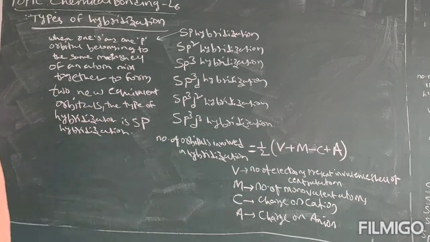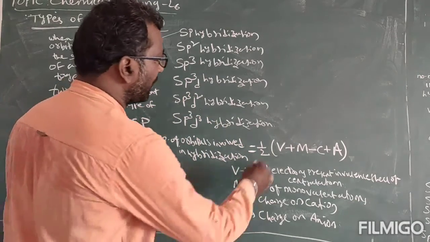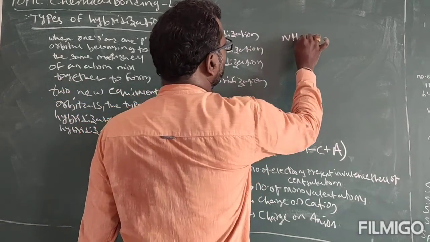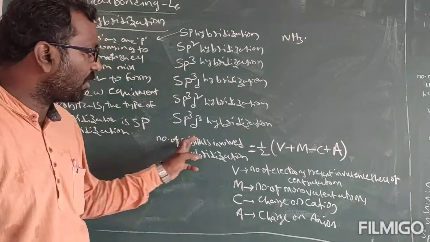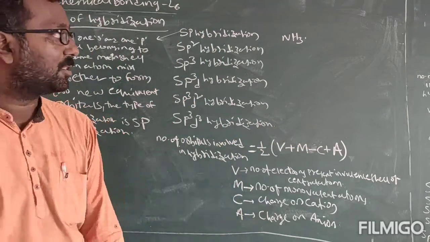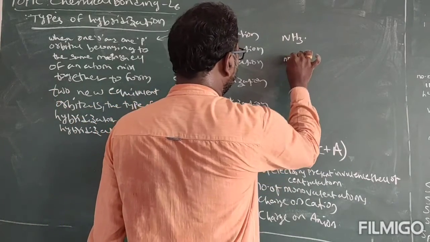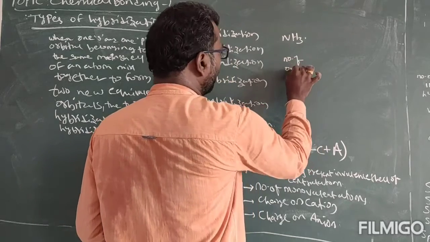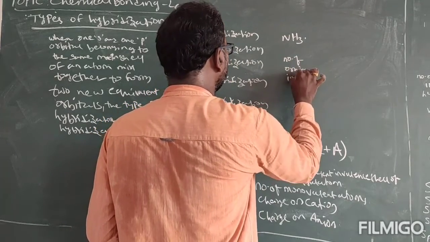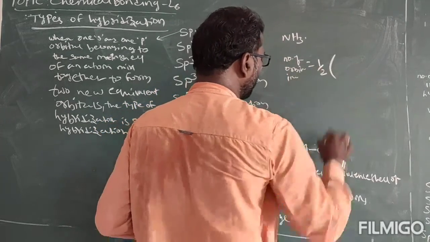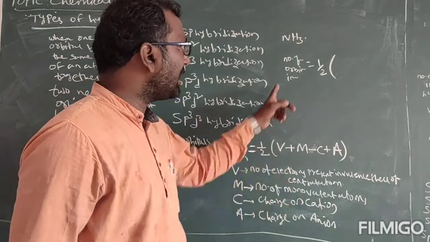Suppose I ask you the hybridization involved in NH3, or the number of hybrid orbitals in NH3. From the formula, the number of orbitals involved is half into valency. What is the central atom?